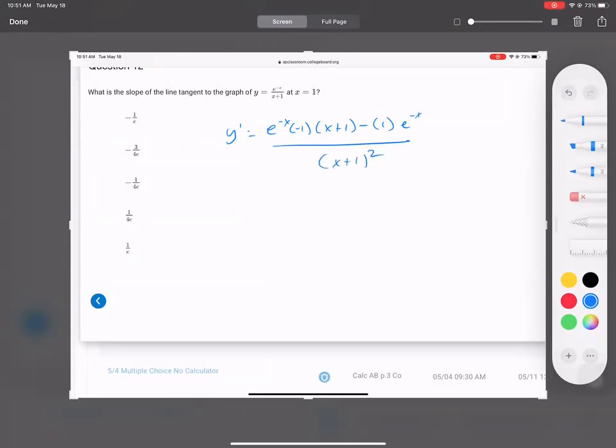Okay, they want us to do it at 1, so we plug in 1. e to the negative 1, negative times 1 plus 1 is 2, minus e to the negative 1, all over 1 plus 1 is 2. 2 squared is 4. We can factor out the e to the negative 1.